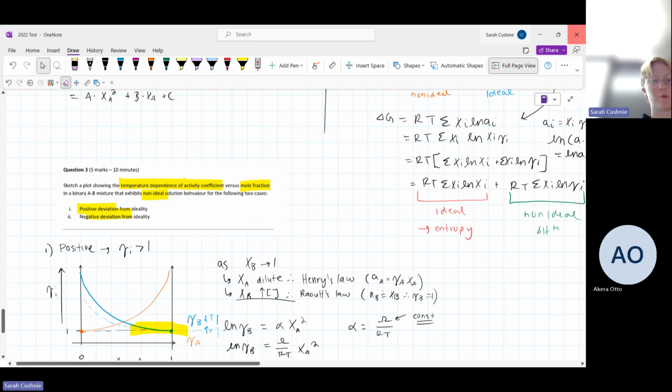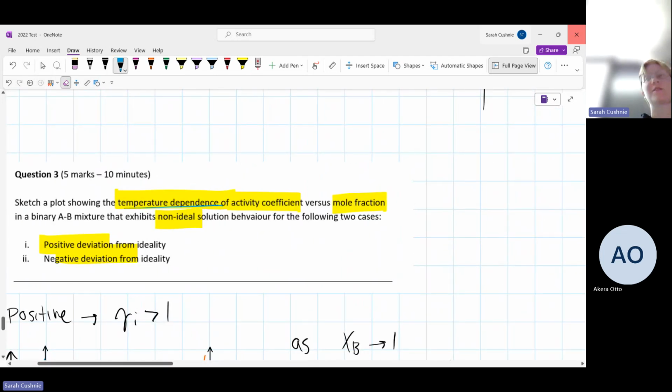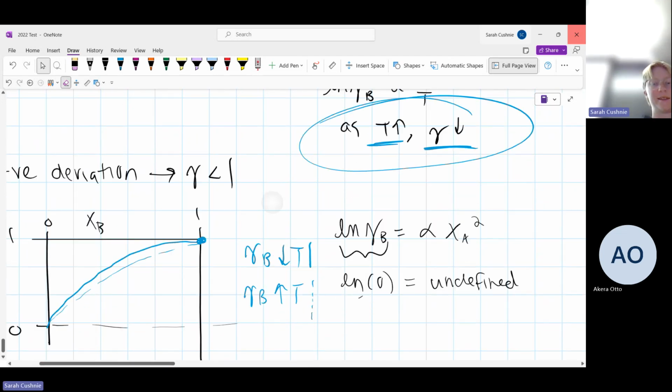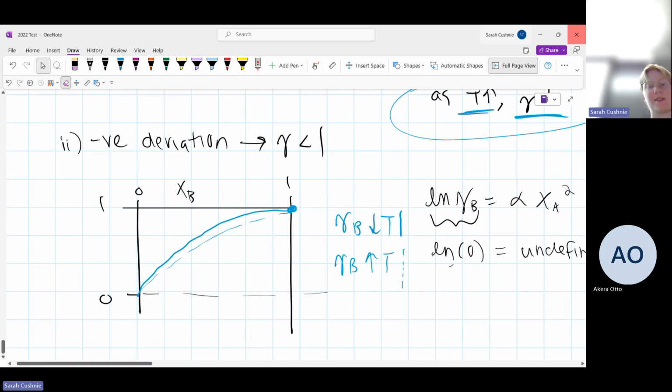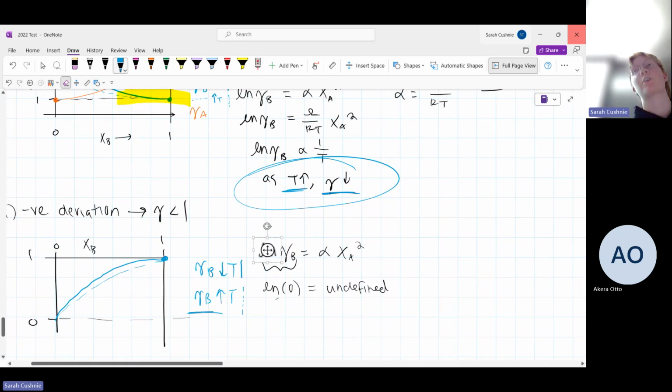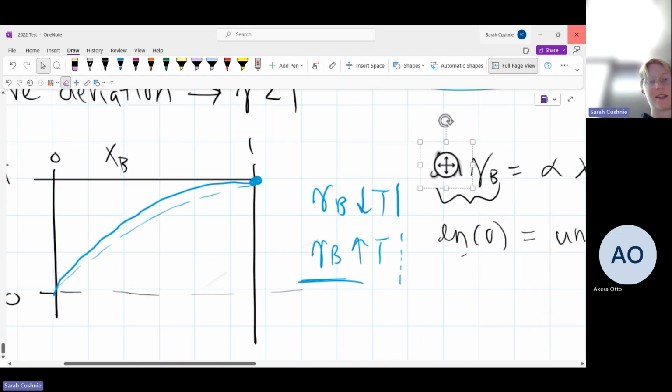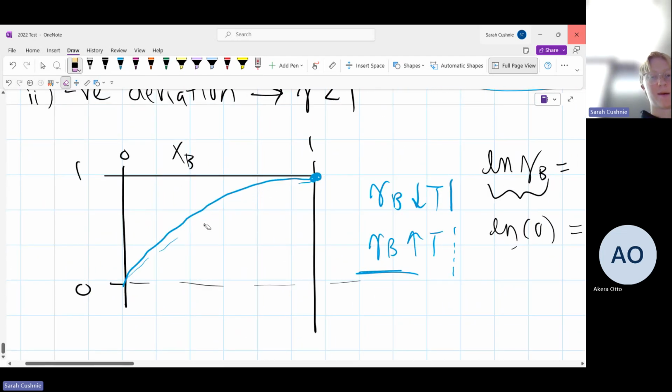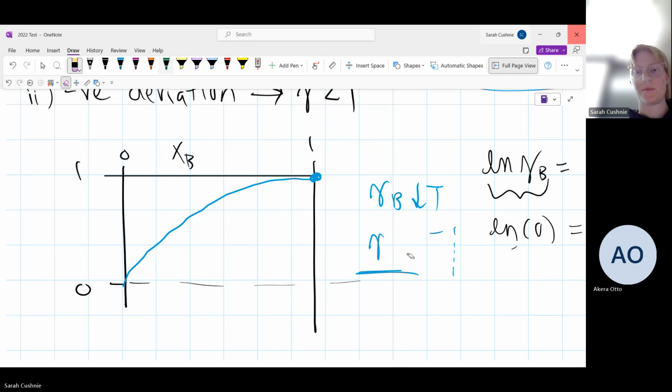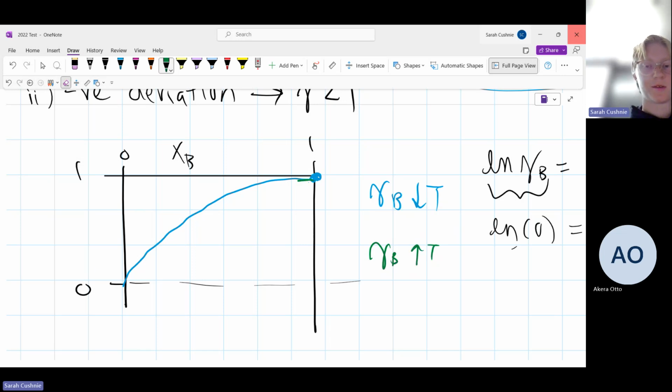Basically, if we go back to the actual question, it asks us to talk about the temperature dependence. So what I did is I used a dotted line to represent the same thing, it's still gamma B, but at a different temperature. I could use multiple colors, I don't know why I didn't. We decided that as temperature increases, our gamma is going to decrease. So I just decreased it and did a dotted line. I'm going to use a different color to make more sense: gamma B at a high temperature, and it's going to be a lower value, something like that.